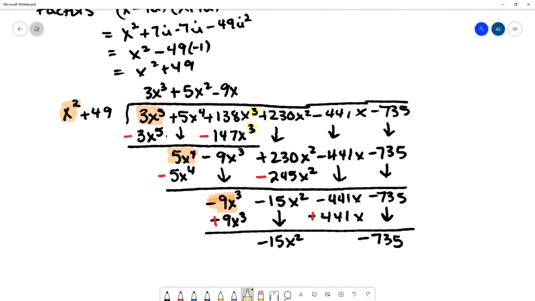So repeat one more time. Now I'm trying to match this coefficient here, and I need to multiply by negative 15. Negative 15x squared, and 49 times 15 will give me 735. That should be negative. We change the signs, and we get our remainder of 0 that we expected.